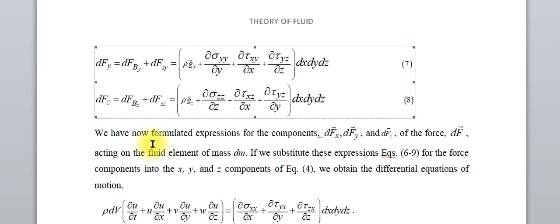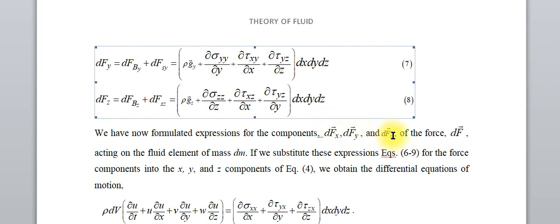Now we have formulated the expression for the components dfx, dfy, the sum of all the forces, meaning in the x direction. There is no need to put the arrows here. This should be removed. Okay, and the force is in x direction. So now this is no more vector.